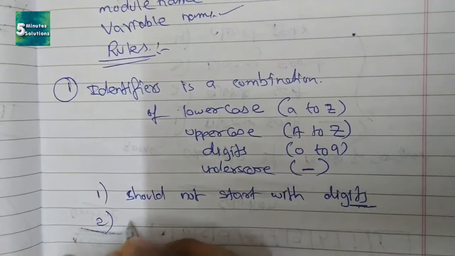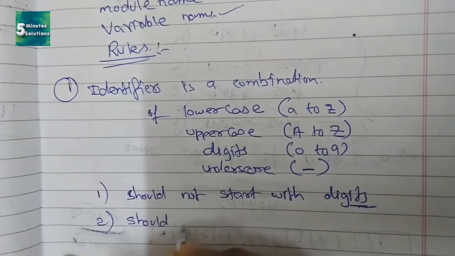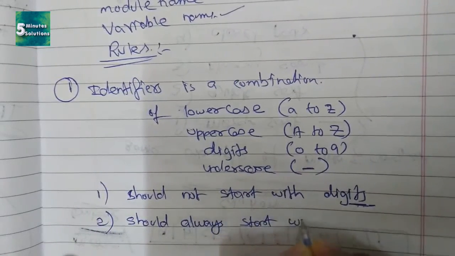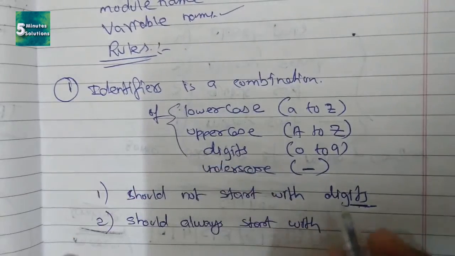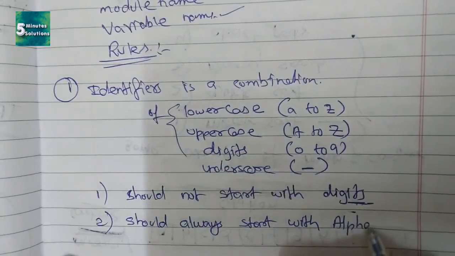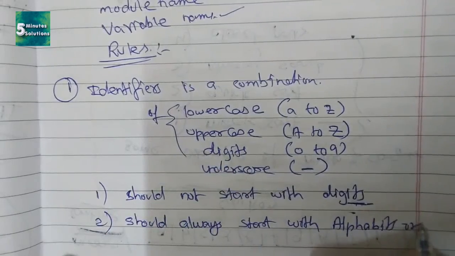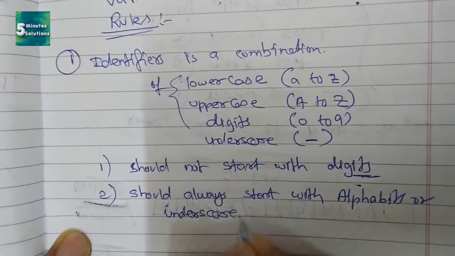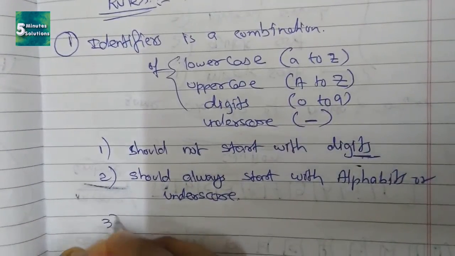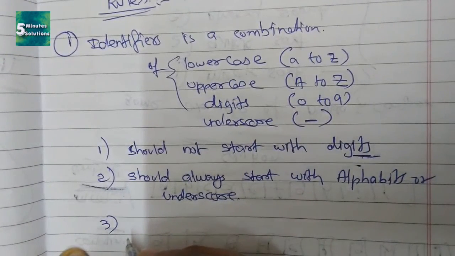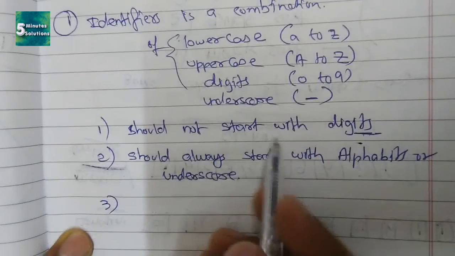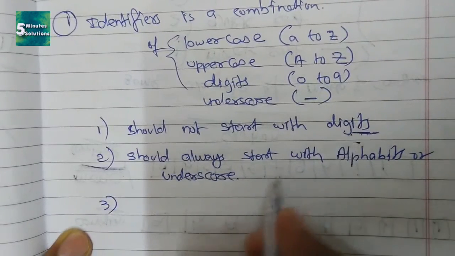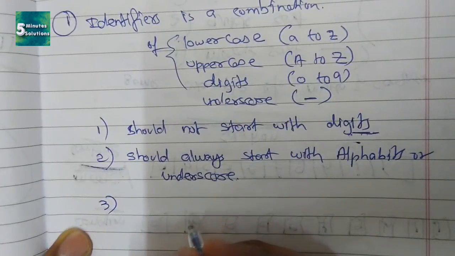Second one, it should always start with alphabets or underscore. And third point, if we start with a digit, it will give invalid. Also, a keyword cannot be an identifier.